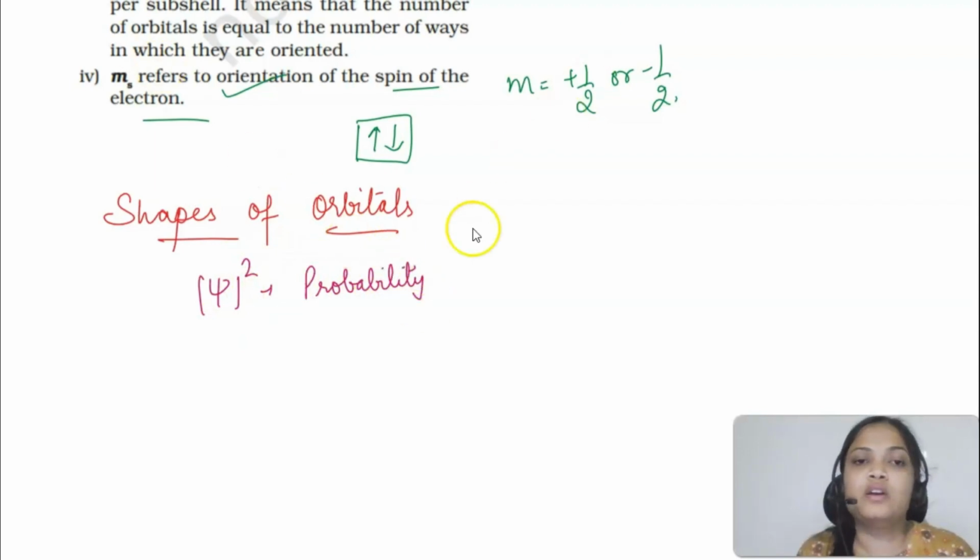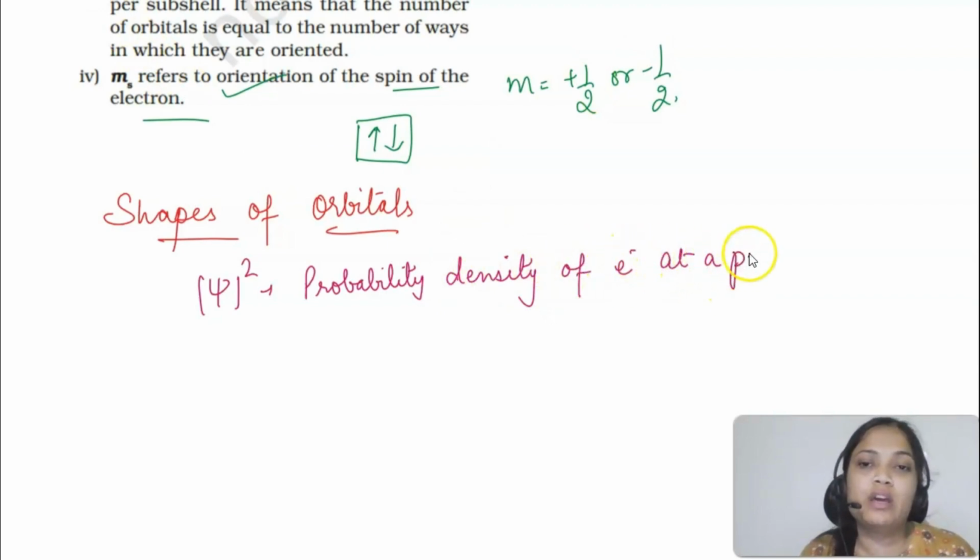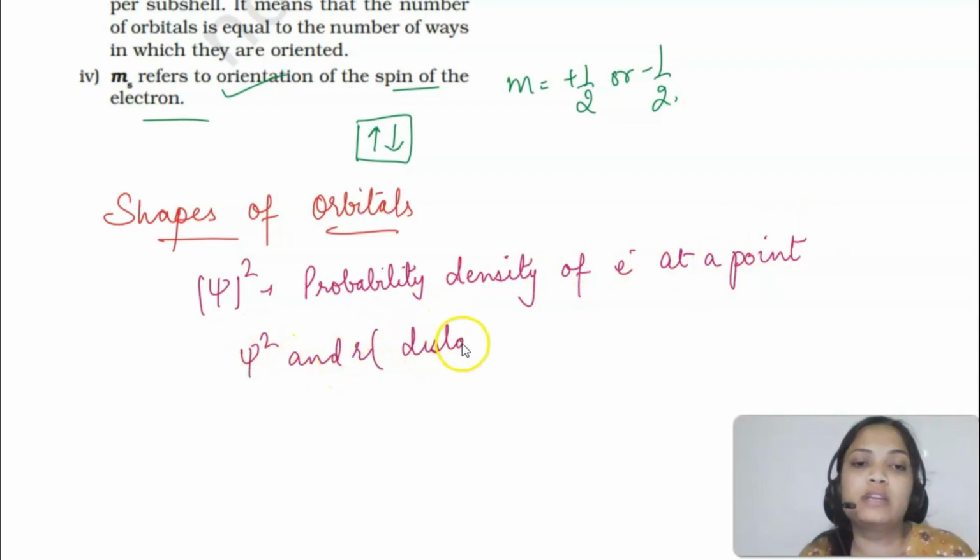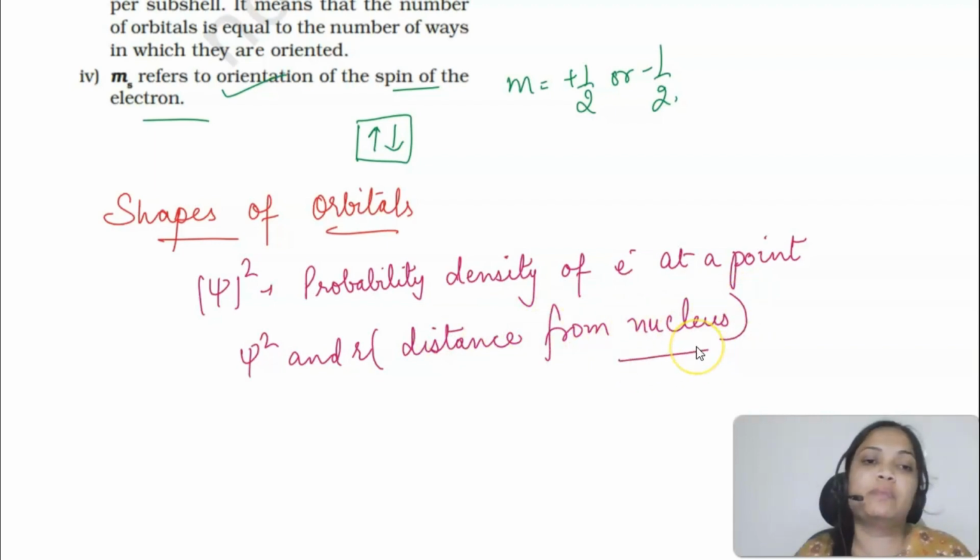Okay, so it is giving you the probability density of finding the electron at a point. So we can actually plot the graph between psi square and r. r is the distance from the nucleus. So when we plot these graphs, we can get an idea about the shape of the orbitals also.